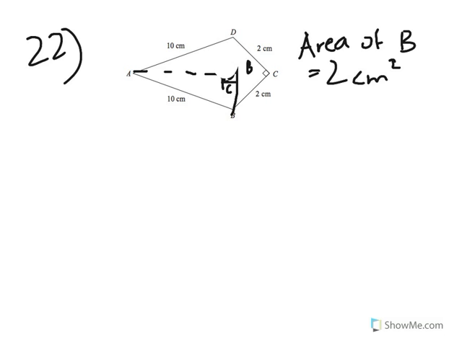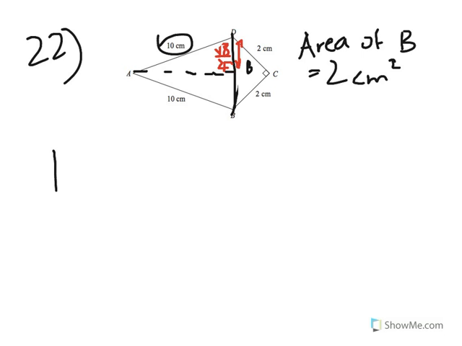So now we have a right angle triangle. We have the base length, and we have another length. So all we can do is use Pythagoras' theorem again to find the height. In this case, we have the hypotenuse, 10 centimeters, which is the hypotenuse of this right angle triangle.